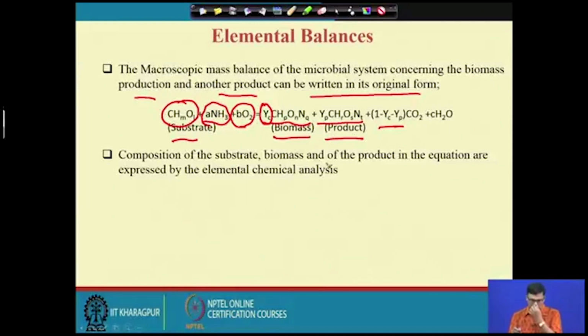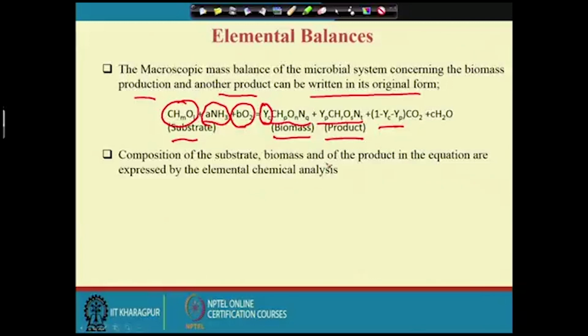If it is an anaerobic system, we know the amount of cell mass produced is drastically reduced compared to an aerobic system. If we ignore that, the relationship will be simple.